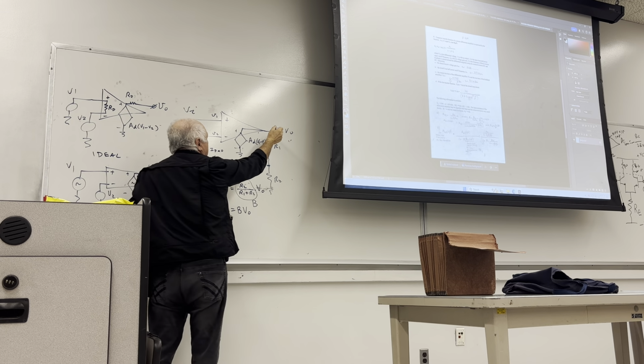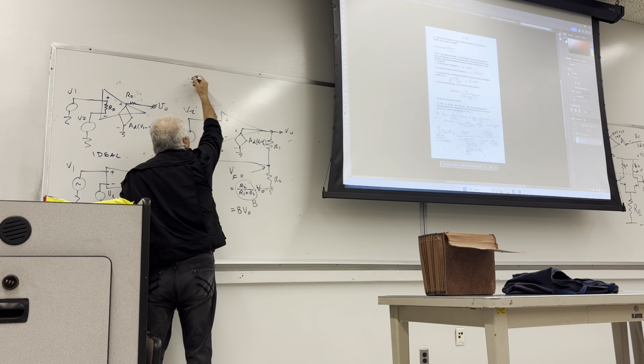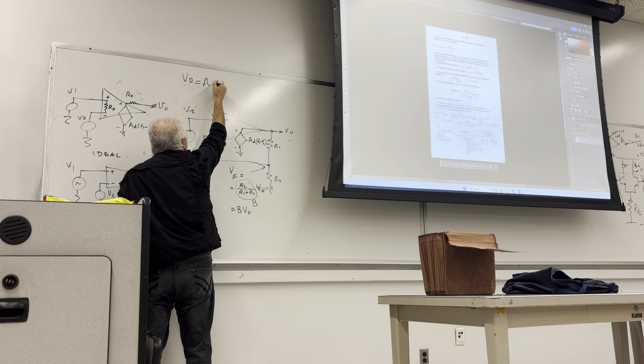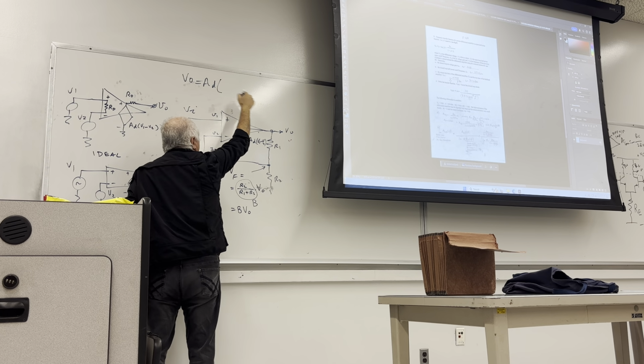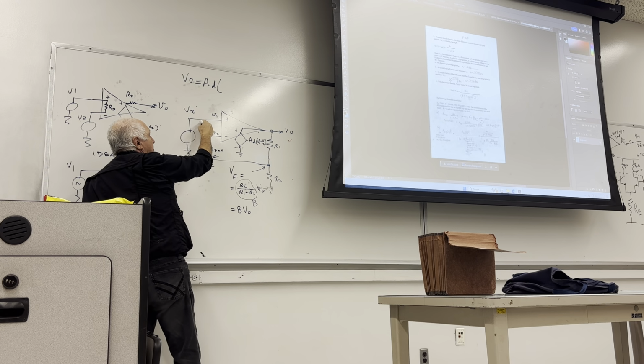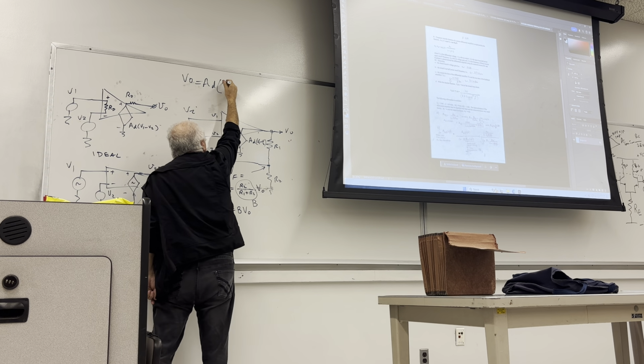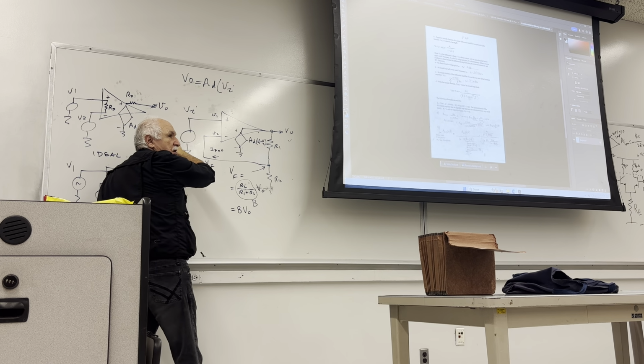Then they will say, this output voltage, VO, is AD multiplied by V1 minus V2. This voltage minus that voltage. This voltage is a fresh, independent input.